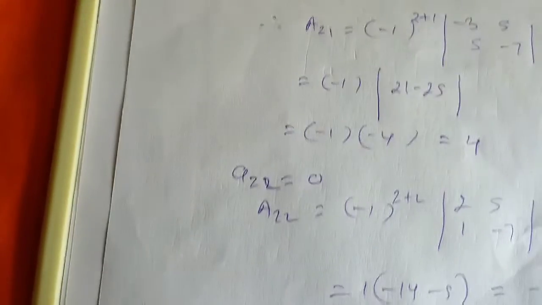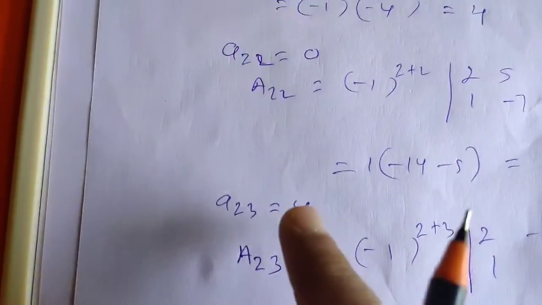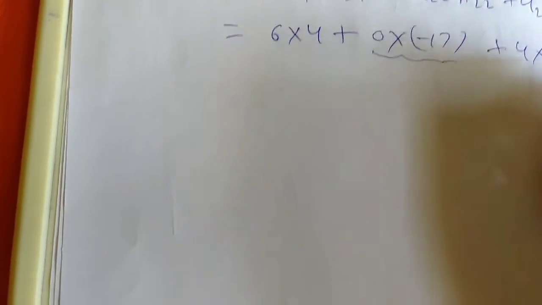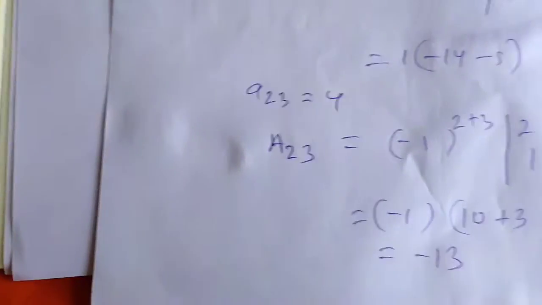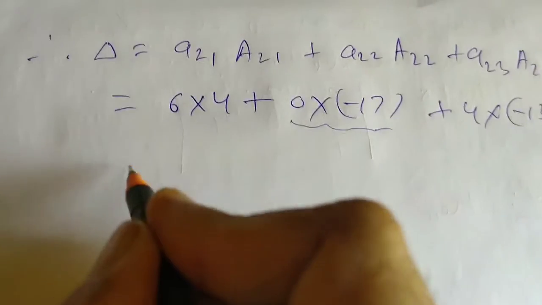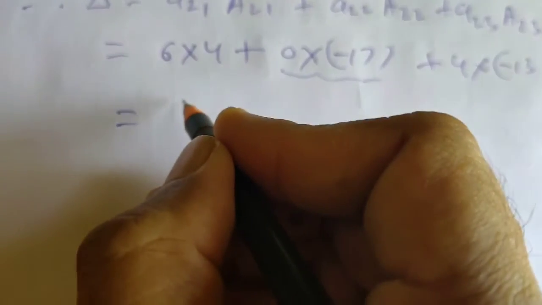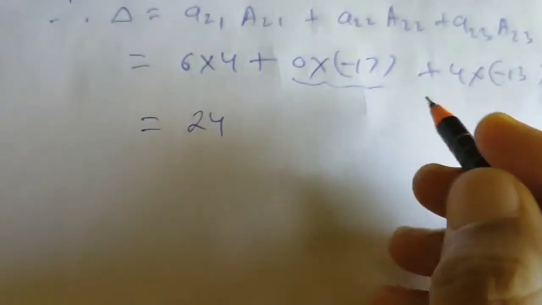So plus, now next one, A23. What is A23? A23 is 4, multiplied by the cofactor of 4. So what is the cofactor of 4? That is minus 13. Now let us solve this further. 6 into 4, 24.